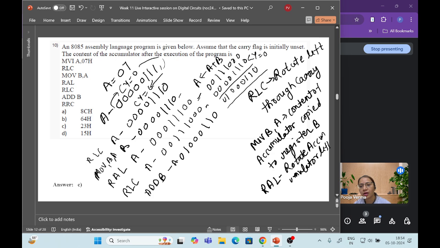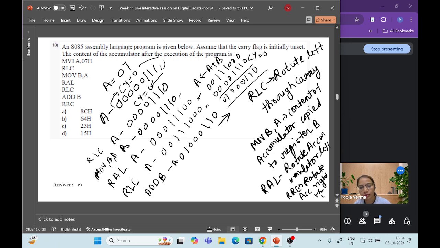Okay. Now again RRC. RRC stands for rotate accumulator right to carry, right? So now in the carry, already we know that the carry is 0. So again we have to move right, that means in this direction.